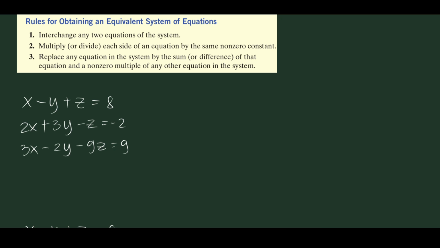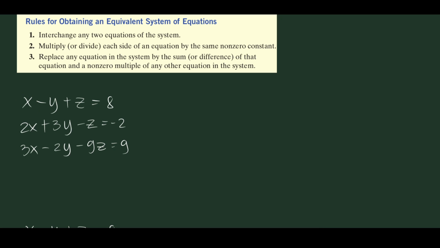Okay, so let's start. Before you start, it is good to examine the equations first. Let's take a look at our first equation here. As you can see, the first term already has the coefficient 1, so that is very convenient for us.